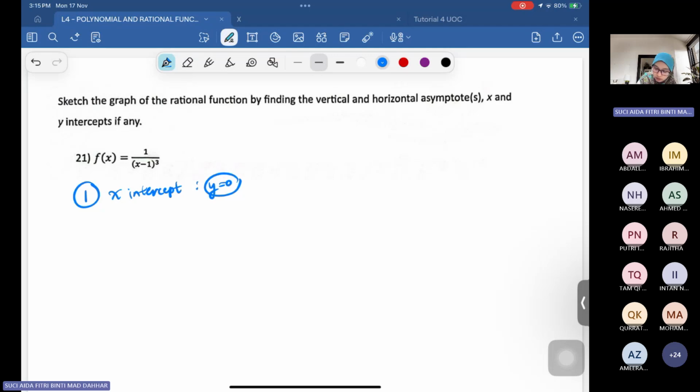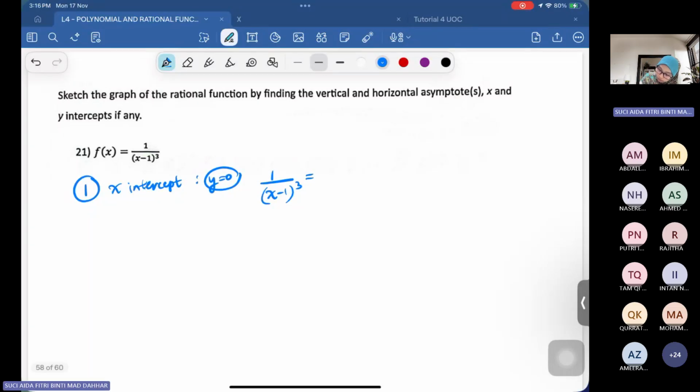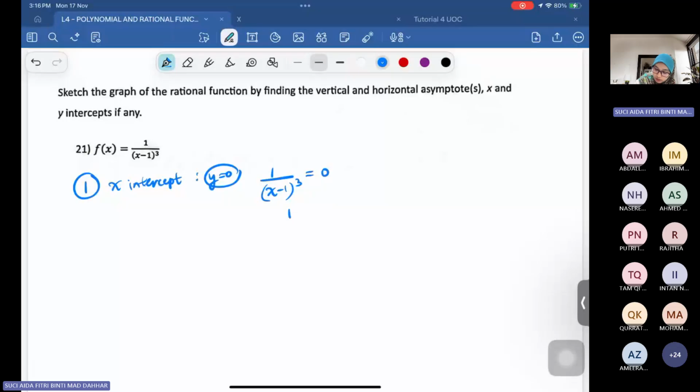So if your y is 0, then this entire thing, (x minus 1) cubed, is going to be equal to 0. Do you have an x-intercept? In this case, when you bring this to the other side, you end up getting 1 equals 0. That's absurd.